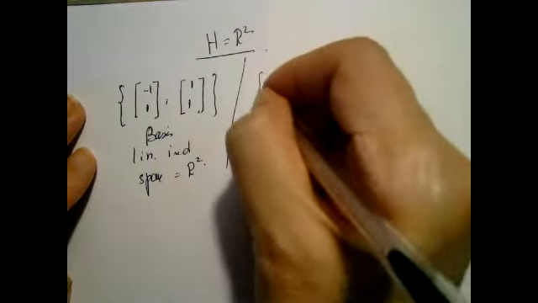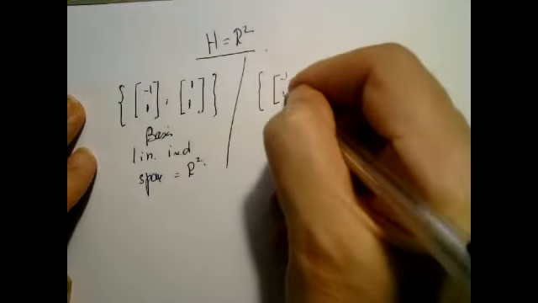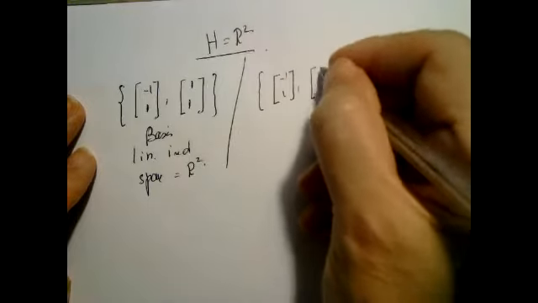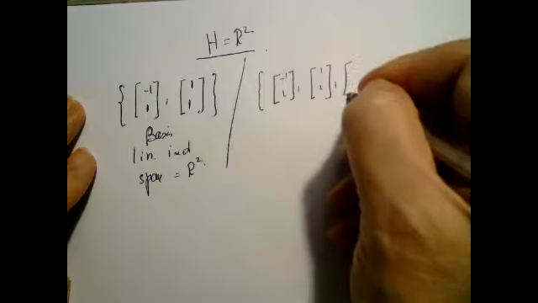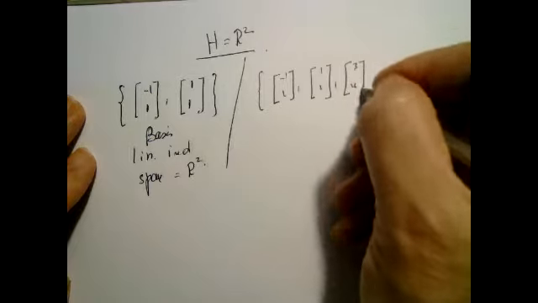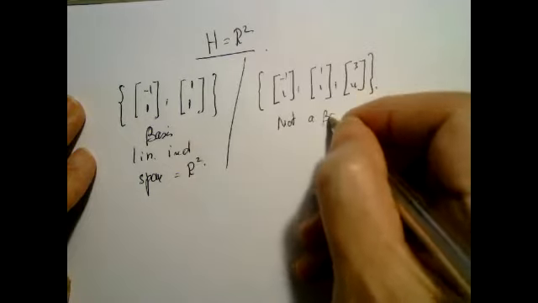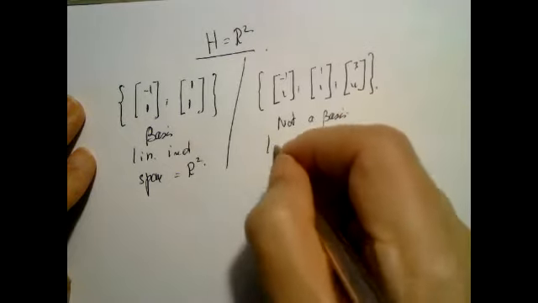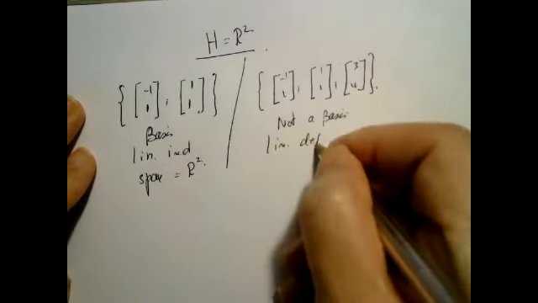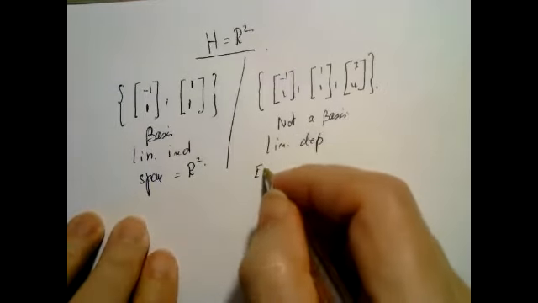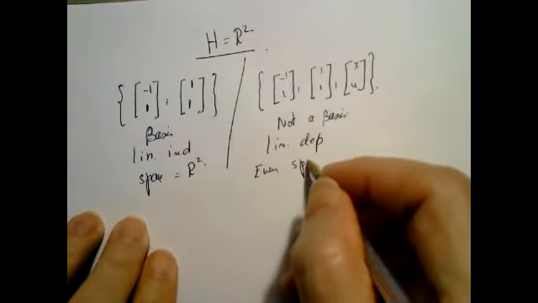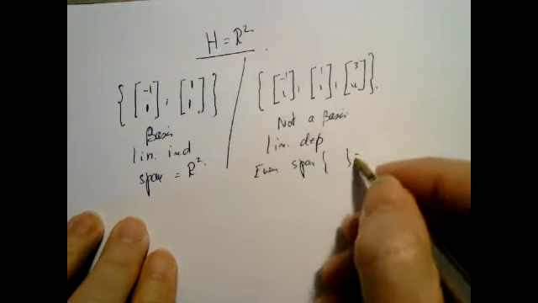They equal R2. The minute I plopped in a third one, I just added a third, not a basis. Because it is linearly dependent, even though as you guys said, their span is everything.